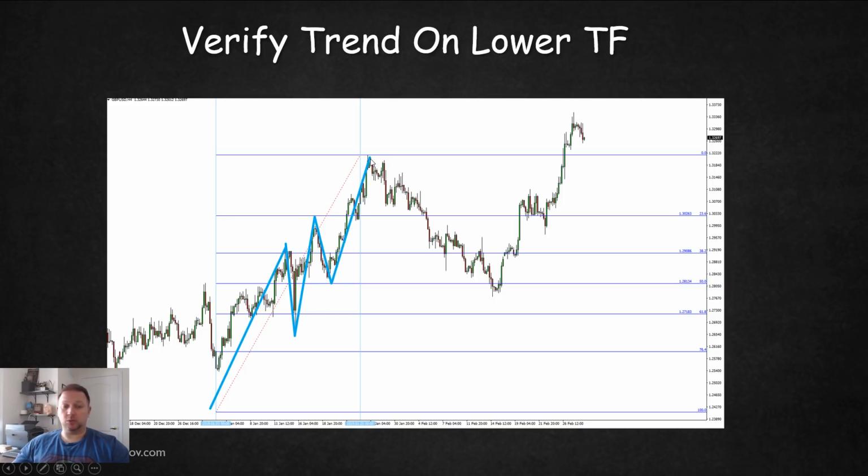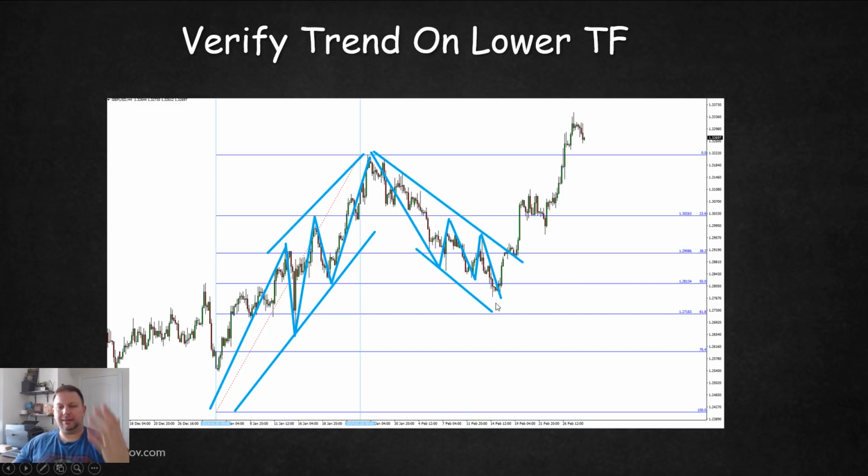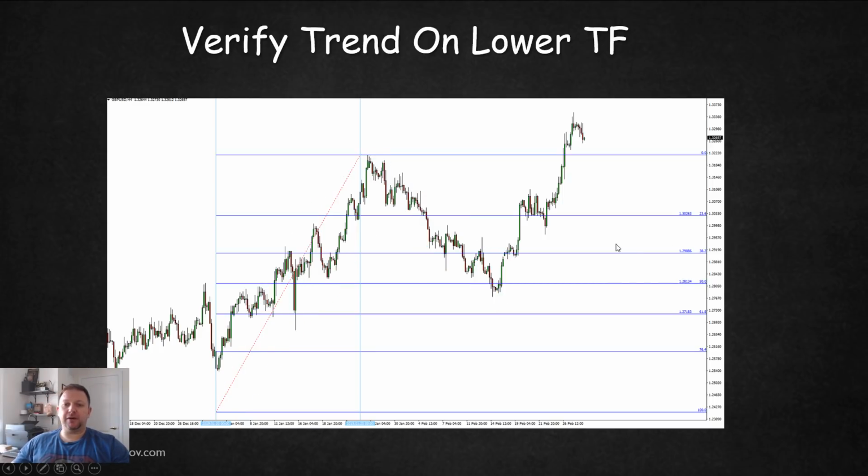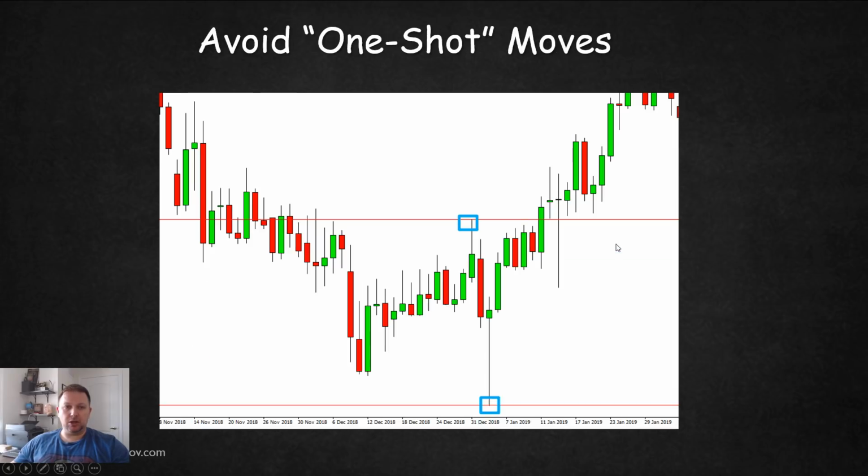As you can see, that could be 2, 3 or 4, but basically what I want to see is a few higher highs, a few higher lows, and the same on the correction. I want to see that this is done by basically a trend, not just one candle down, but happening as a movement. When I can verify that, I can basically go and trade it.